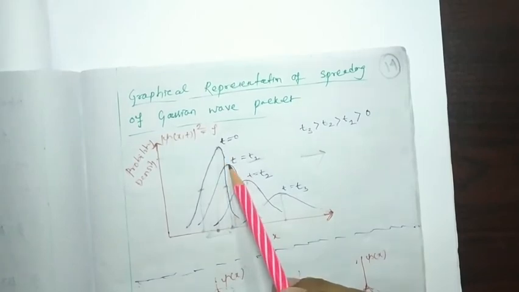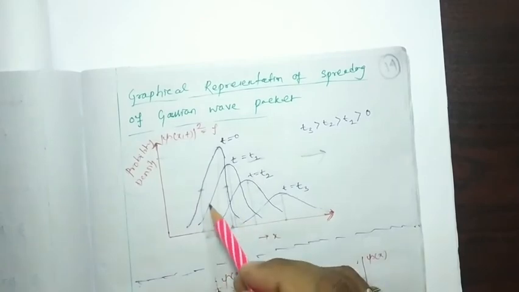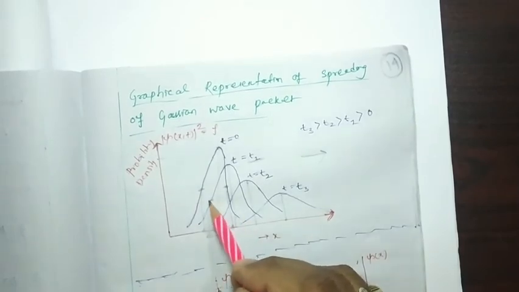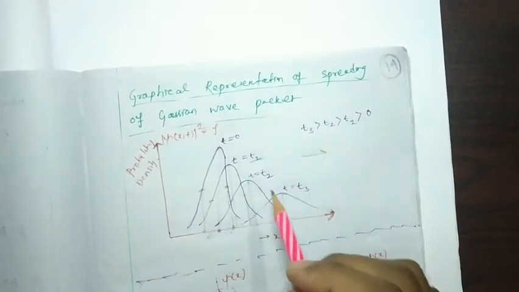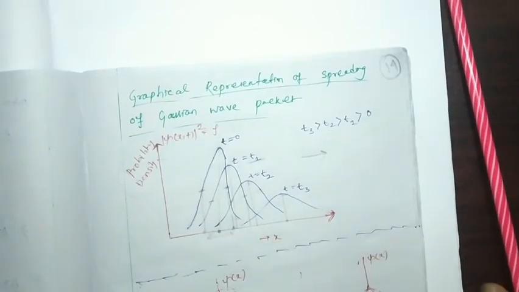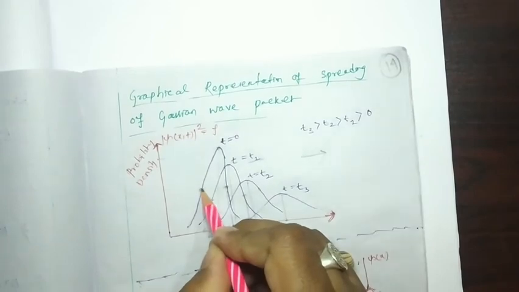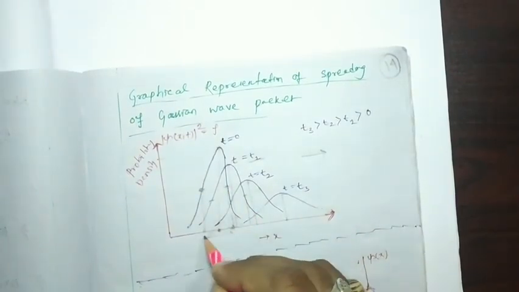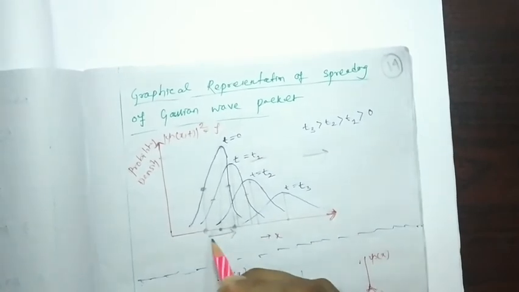But its corresponding reference points will be found here and here. This is the important thing that you have to understand. First I am going to show it. Initially the reference points are these two, and this is the width initially.